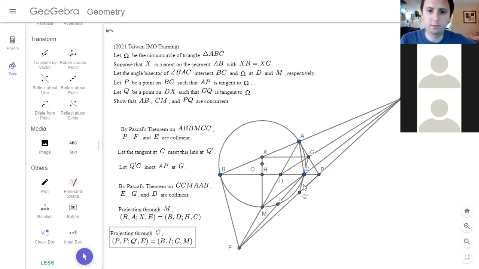And what if we take those points and we project it through B onto AF? So that would be F, M, yeah. Yeah, it seems like we're very close. Let me just think about it a little bit more. BICM.